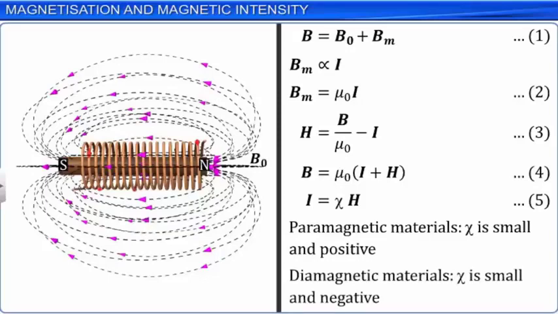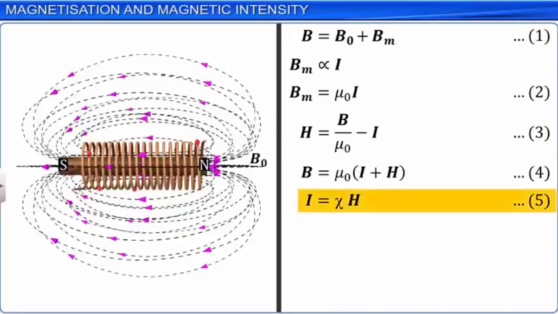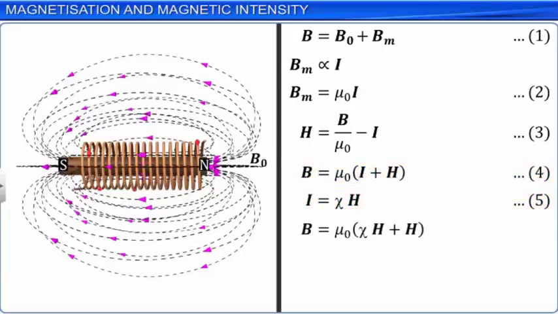But the magnetic susceptibility and relative magnetic permeability are related as mu_r = 1 + chi. Hence, in place of 1 + chi, we can write mu_r, and we can further write equation 6 as B = mu0 mu_r H. Let this be equation 7.